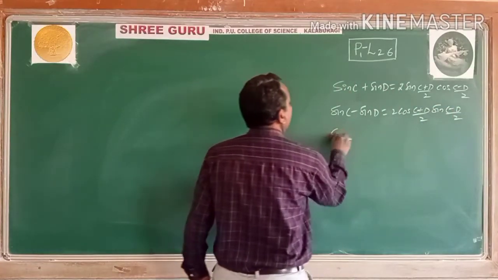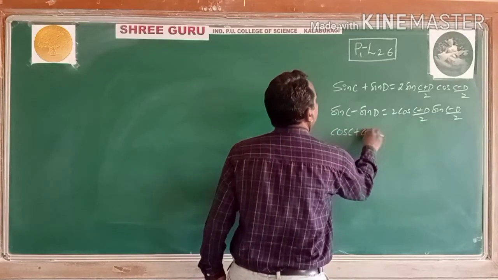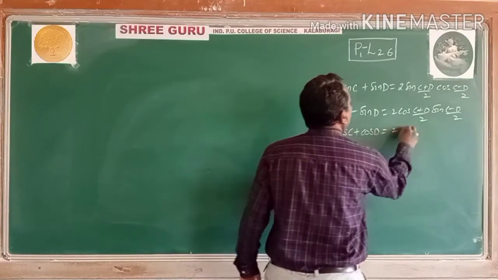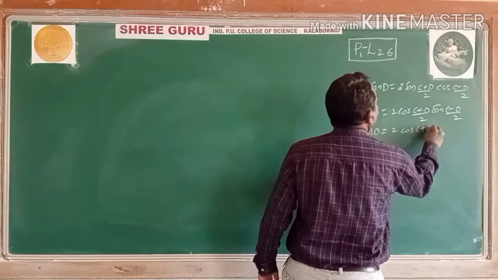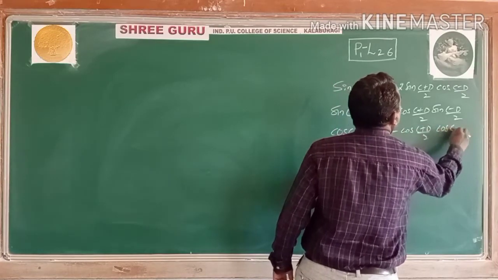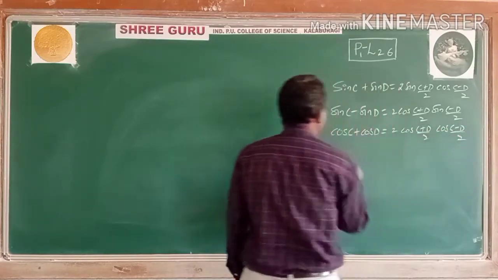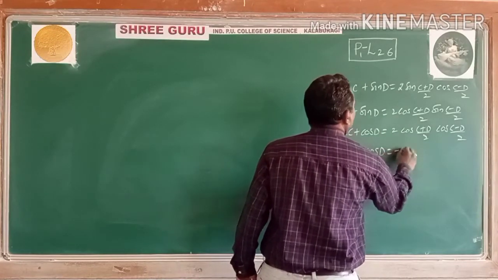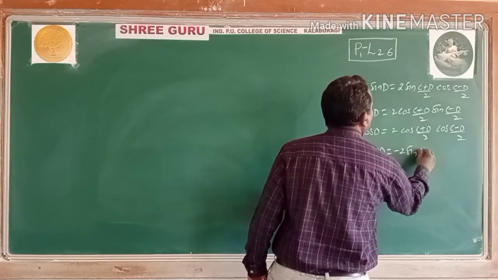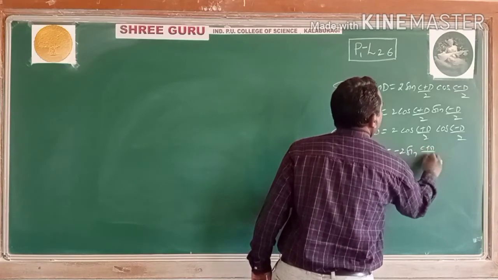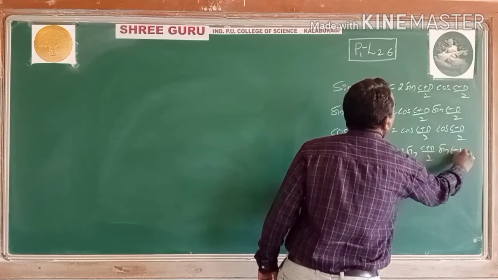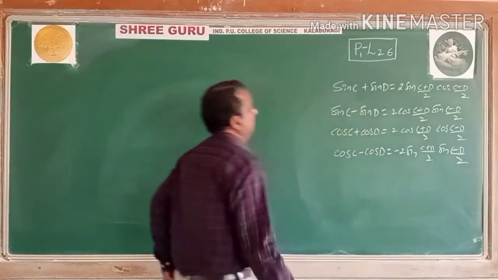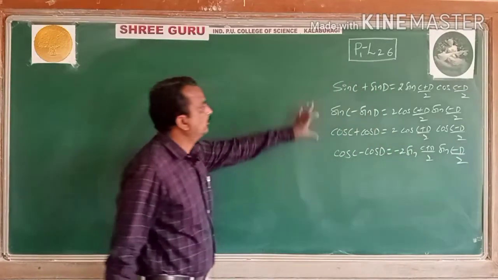Cos C plus cos D: both cos. Cos C minus cos D: both sin with negative sign. So these are the 4 formulas.